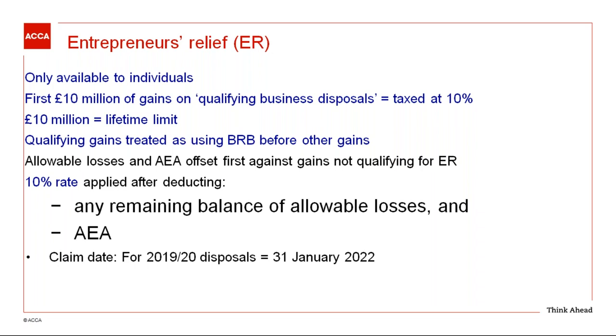Then all those reliefs are available on business assets. Incorporation relief, entrepreneur's relief, investors relief, rollover relief, gift relief, all those reliefs are available on business assets used for the purpose of business.